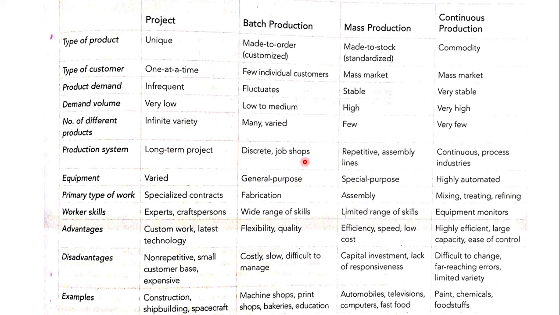For batch production, it is discrete or job shops. Mass production is repetitive, with assembly lines. Whereas in continuous production, it is 24 by 7 production. Equipment for a project is varied. Take the example of a building.